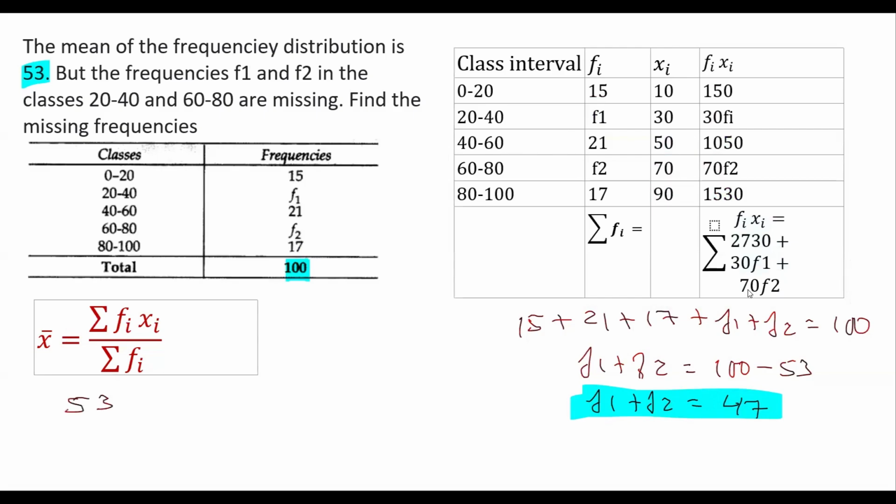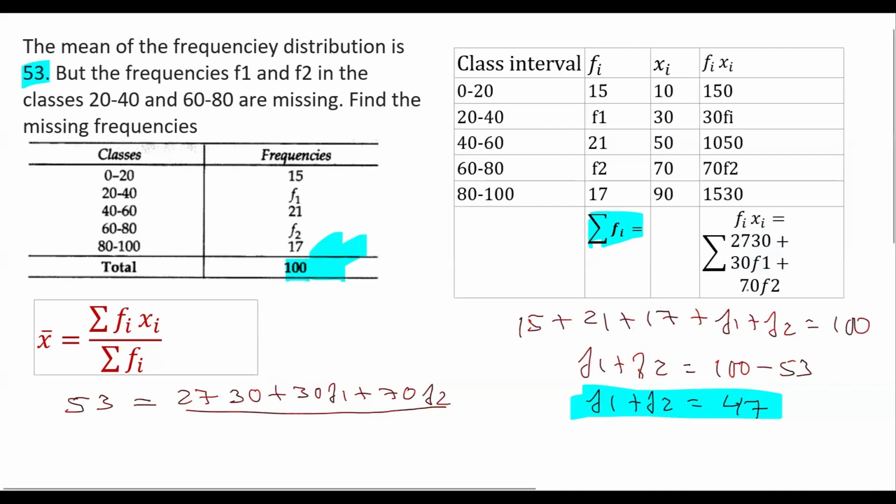So I'll be writing 53 here, equal to sigma fi xi, which is 2730 plus 30 times F1 plus 70 times F2, divided by sigma fi. Well, sigma fi is what? This is N only, that is the summation. This is 100.